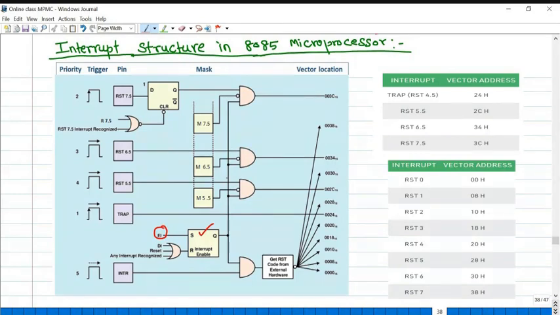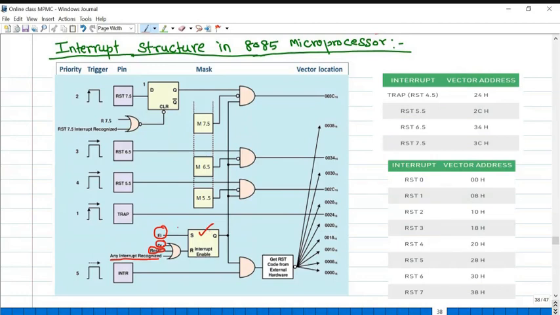Then the interrupts will be disabled with the help of the disable interrupt instruction, or by resetting the microprocessor, or whenever one interrupt occurs and the microprocessor starts responding to that particular interrupt. Meanwhile, the interrupt enable flip flop disables all other interrupts until the current service is completed.